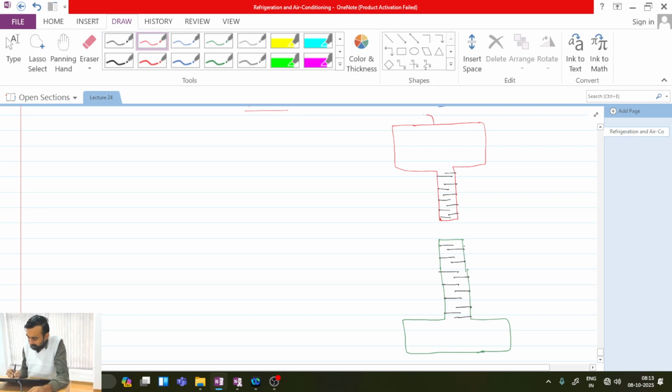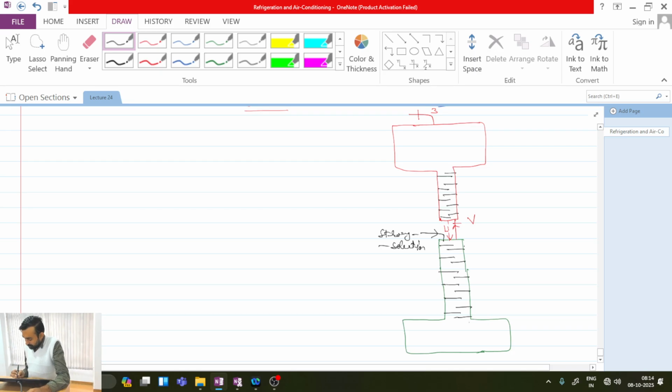The exit of this is nothing but my state 3. To this, what is coming? Vapor. This is the vapor, and from here I will get some liquid which is dripping in the downward direction. So this is the dripping liquid, and along with the dripping liquid, from the side I will also add the strong solution which is coming from the absorber, after the pump.